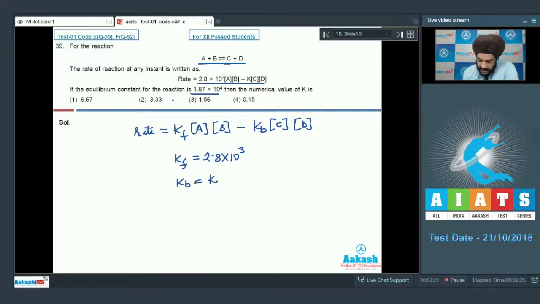And the equilibrium constant is given to us, K equilibrium, which is equal to 1.87 into 10 raised to power 4. So this should be equal to Kf by Kb.